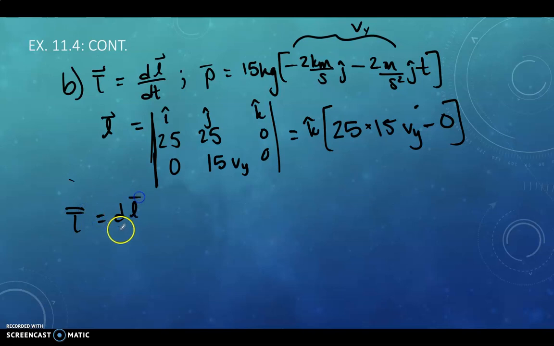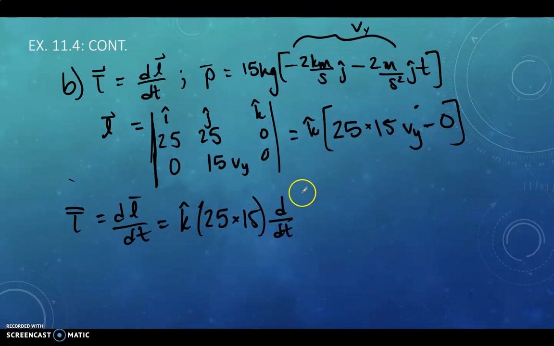So we've got dL/dt is going to equal k hat, and I'm going to bring constants out front, 25 times 15, and then V sub y, so I have d/dt of negative 2 kilometers per second j hat, minus 2 meters per second squared j hat, t.